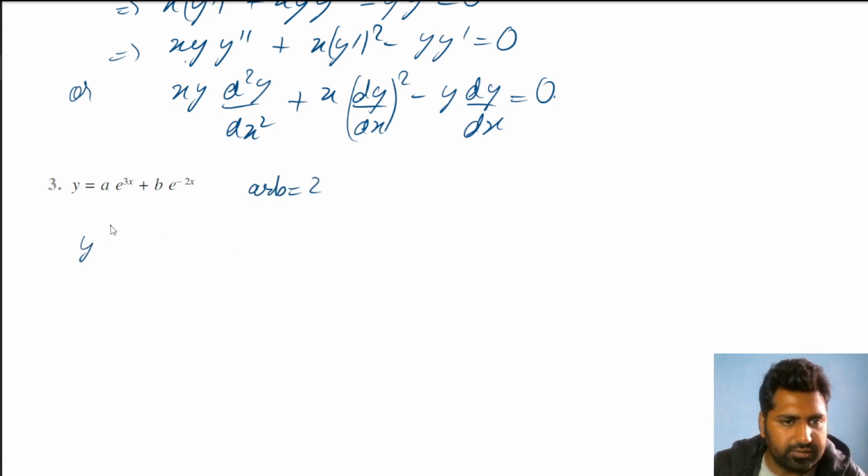Let's differentiate one time. Y is equal to e raised to power 3x. Differentiation will be the same, e raised to power 3x, just that the coefficient of x will come in multiplication. In integration it goes in division, in differentiation it comes in multiplication. So this is a into 3, so 3a e raised to power 3x, and b e raised to power minus 2x, differentiation gives minus 2 here.